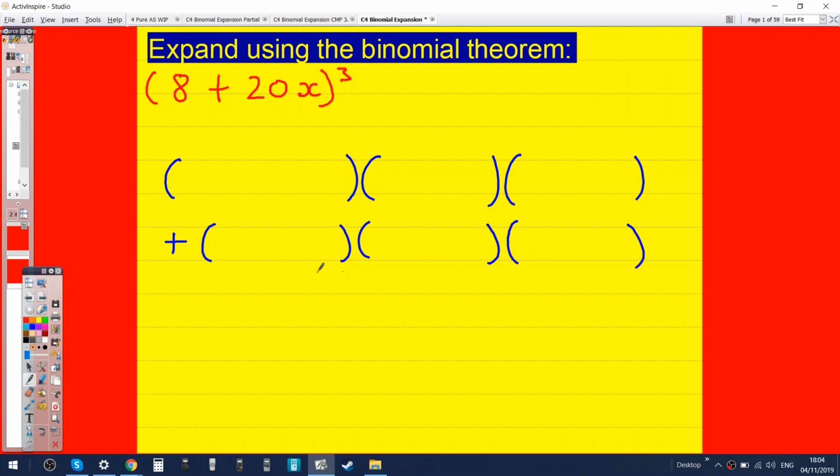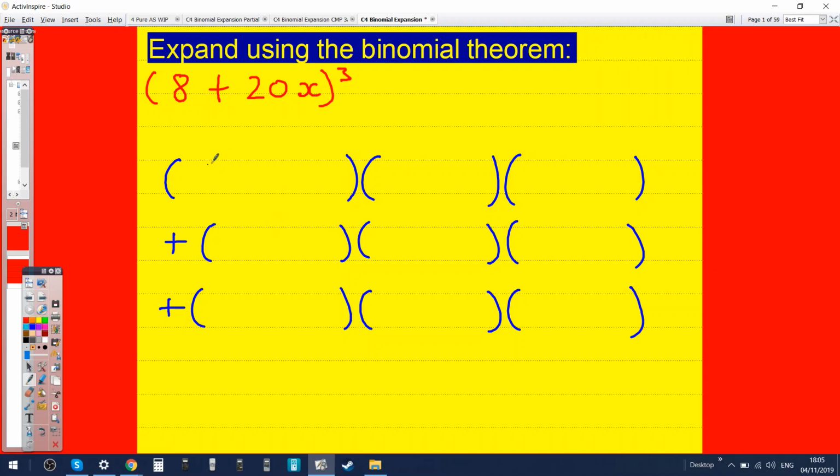Option, calculate. nCr, okay. And 8 plus 20x. How do you put x in the bracket?